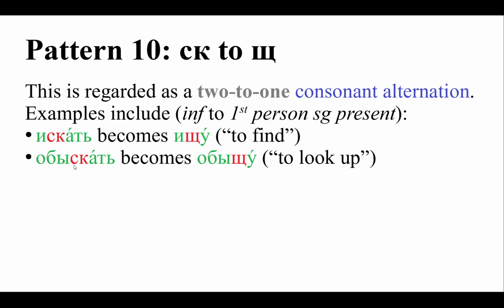This one is a derived verb from искать. As mentioned, consonant alternations help to identify the derived verb more quickly, because when sk is alternated to sh, I could immediately recognize that this part should be a morpheme for искать, to find.